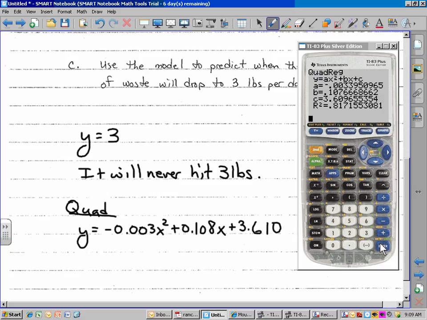Okay, so here's our quadratic. R squared is good, but it's not great. It's not as good as it could be.